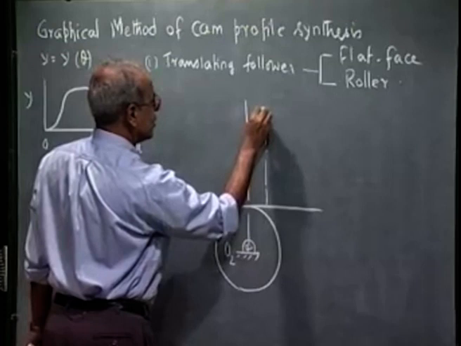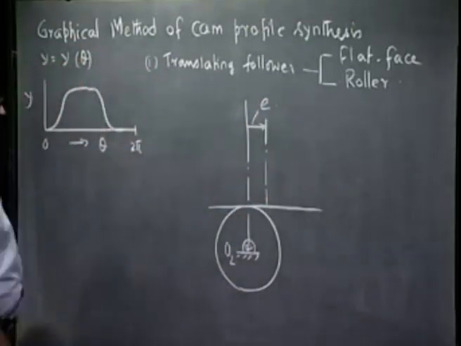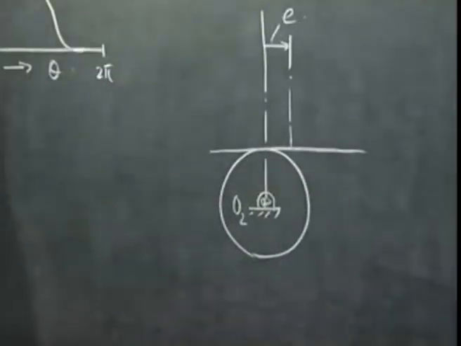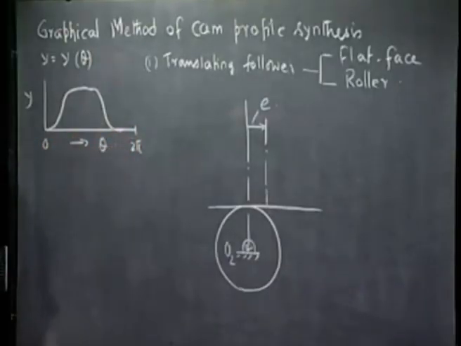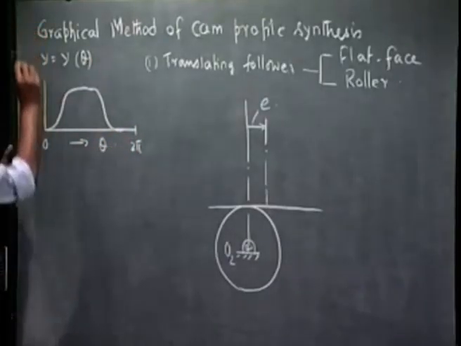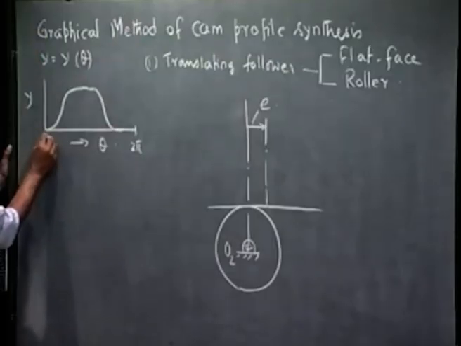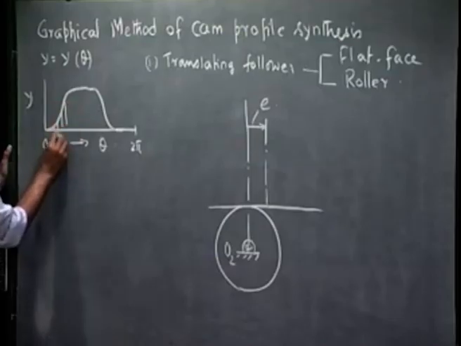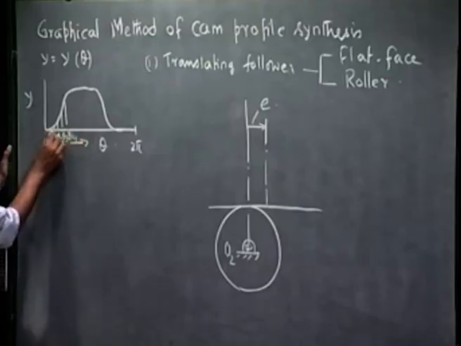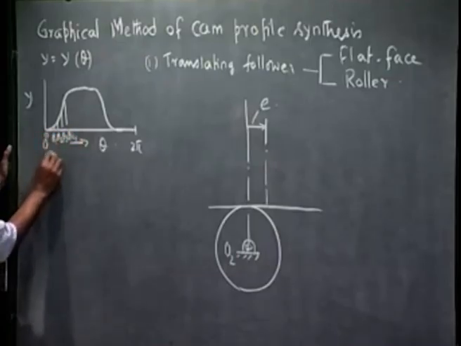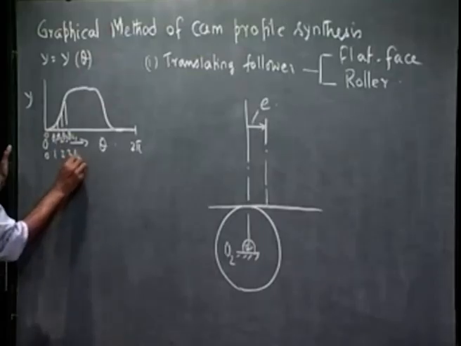This is the offset. In the graphical method, this total rotation of theta from 0 to 2 pi, we divide in a certain number of station points. So, this is 0, then we take various values of theta like theta 1, theta 2, theta 3, theta 4. These are called station points 0, 1, 2, 3, 4.